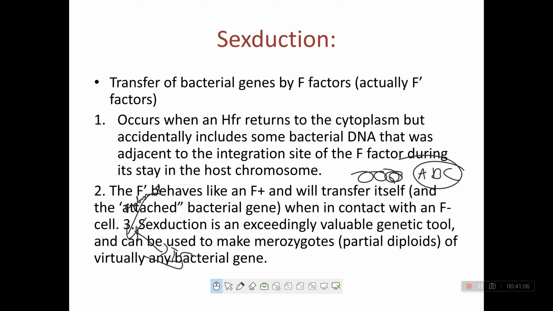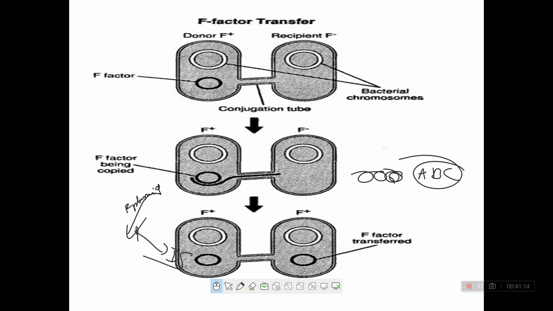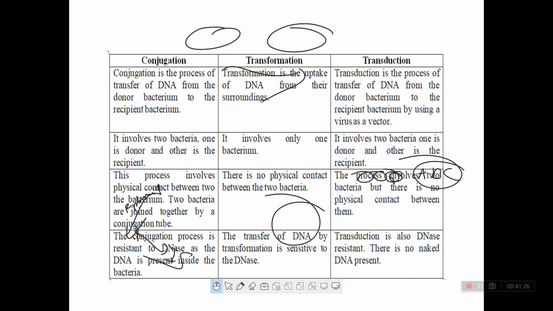It's nothing but when F plus transfers into an F minus cell. This is the donor F plus, this is the recipient F minus, it goes inside the recipient cell, which also becomes an F plus.